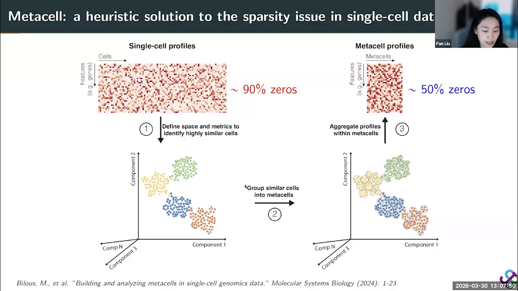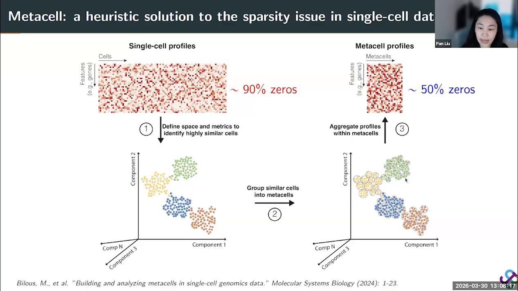So what metacell does is that it tries to identify similar single cells, shown as the colored dots within one black circle on the bottom right. And then we aggregate these similar cells into a metacell by averaging. On this bottom right panel, each black circle you can think of as a very small cluster representing one metacell.